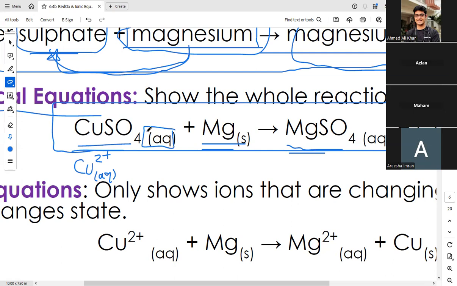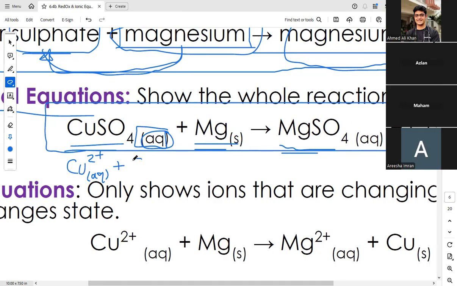After Cu2 plus, then what next? SO4 2 minus. What will be the state symbol for SO4 2 minus? Aqueous. Yes, aqueous.